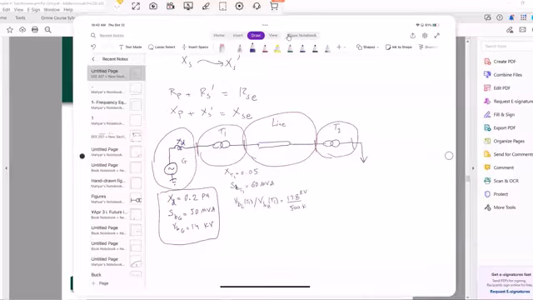So this means that on the low voltage side of my transformer, on this side, my voltage base is 13.8, and on this side, the base of voltage is 500 kV.